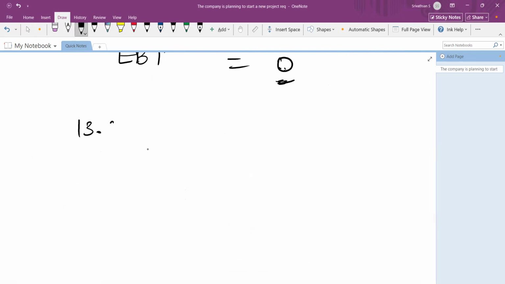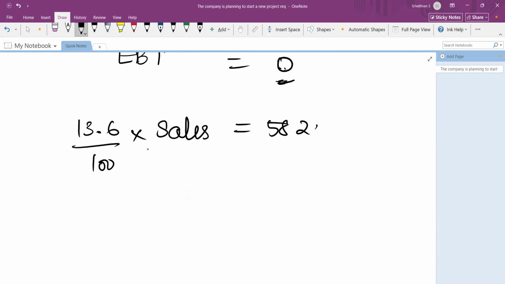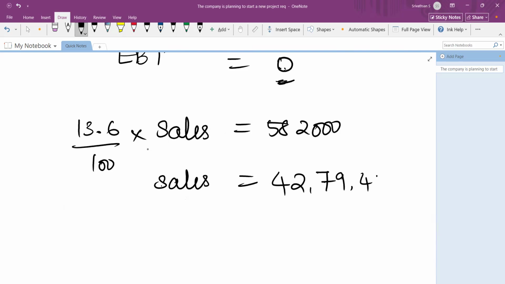If 13.6% of sales is equal to 5,82,000, then what will be the total value of sales? So it will be 5,82,000 divided by 0.136. We get the amount of sales as 42,79,411.